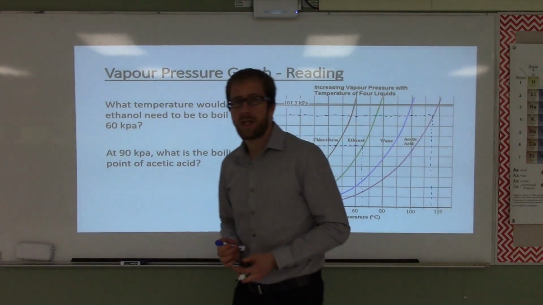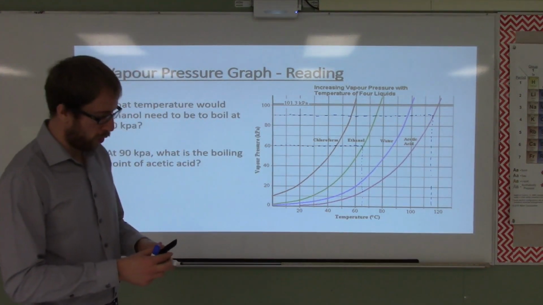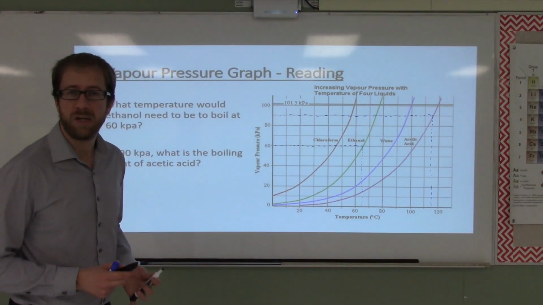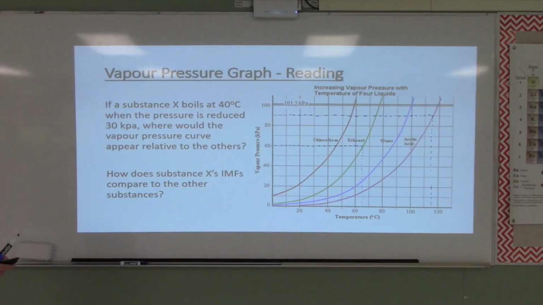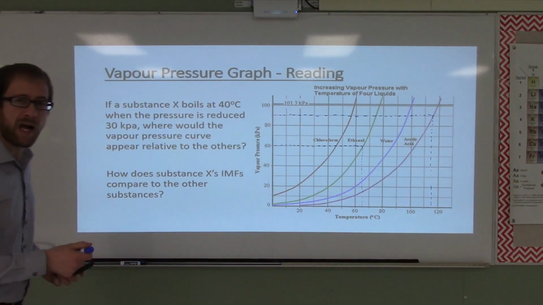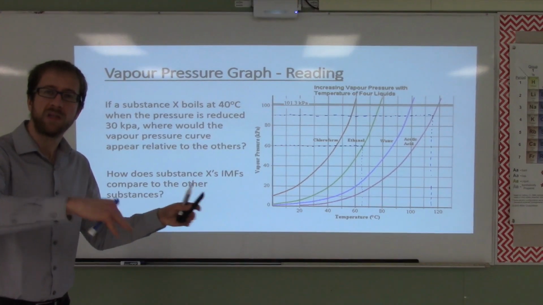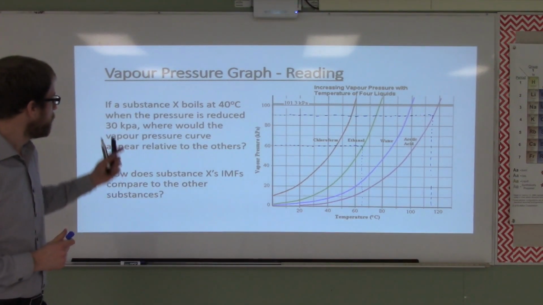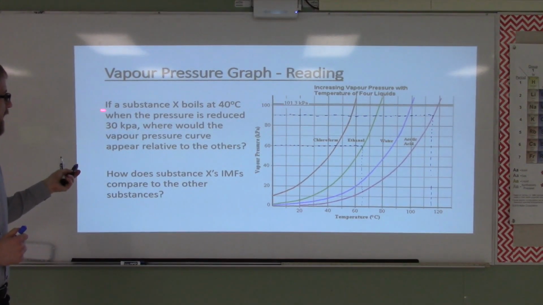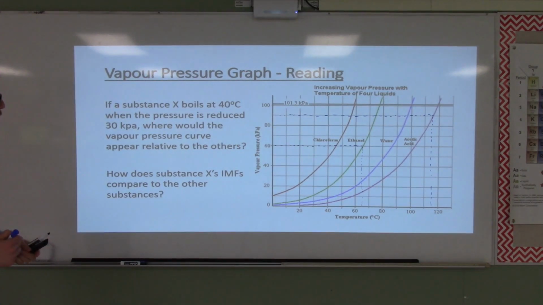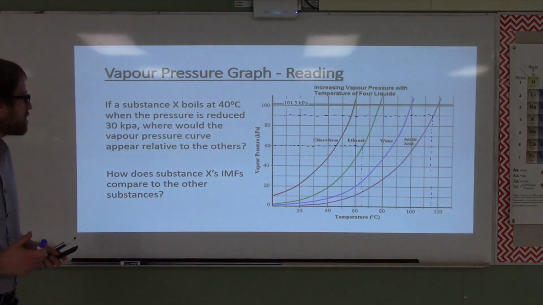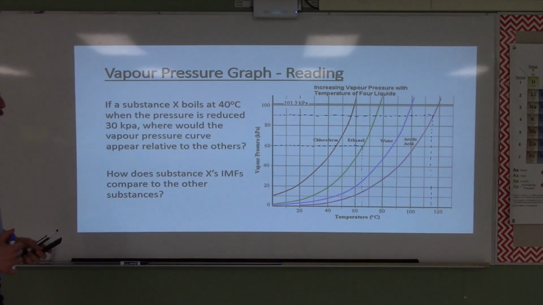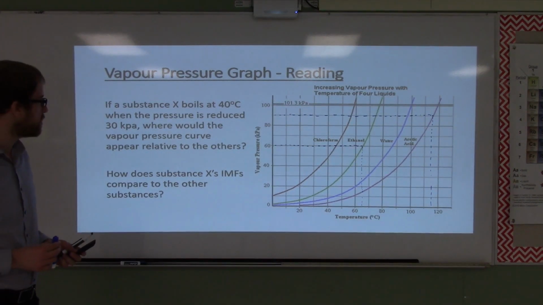I could also give you a problem where we're asking the reverse. So what about if something boils at 40 degrees Celsius, what must the pressure be? So this substance X we're going to call it, it boils at 40 degrees Celsius when the pressure is reduced to 30 kilopascals.